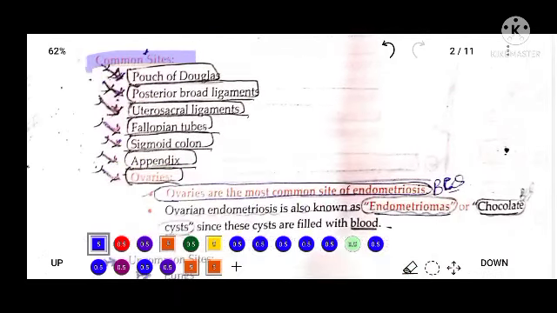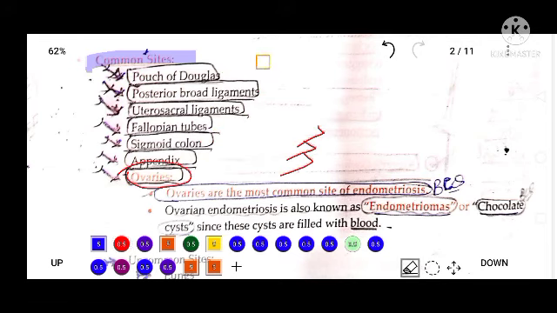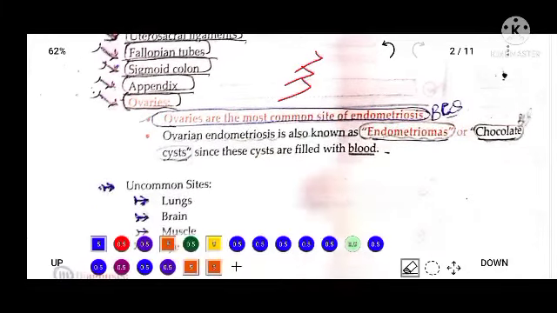Common sites of endometriosis are the pouch of Douglas, posterior broad ligament, uterosacral ligament, fallopian tube, sigmoid colon, appendix, and ovaries. Ovaries are the most common site for endometriosis, and ovarian endometriosis is known as endometrioma or chocolate cyst.